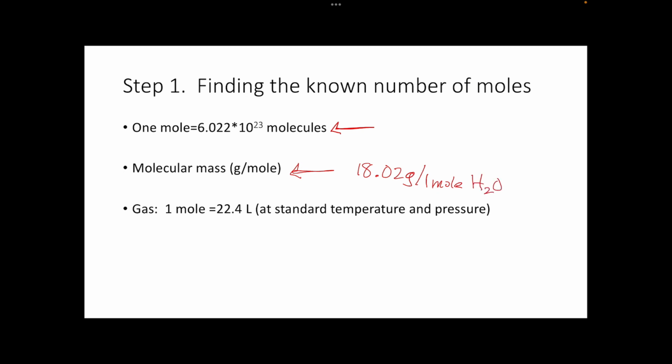All right, so we might need to use that to transfer from grams to moles. And then lastly, if it's a gas at standard temperature and pressure, which is defined as 25 degrees Celsius and 1 atmosphere, we can use this relationship that 1 mole is equal to 22.4 liters of gas. But that's only for a gas. We cannot use that for a liquid or a solid.